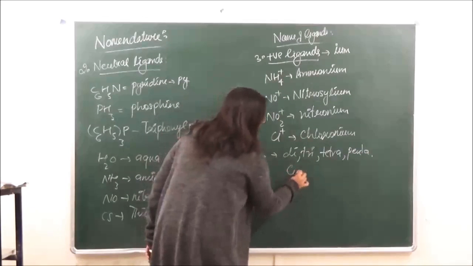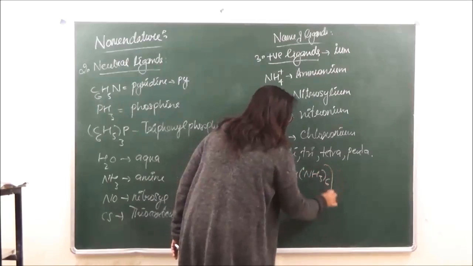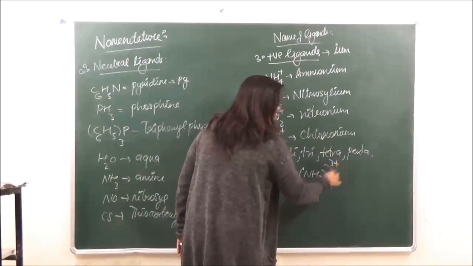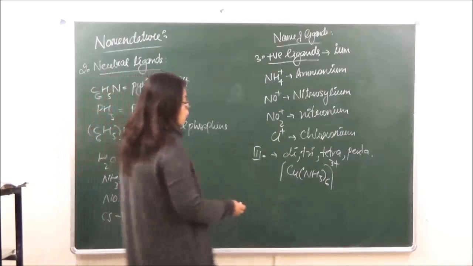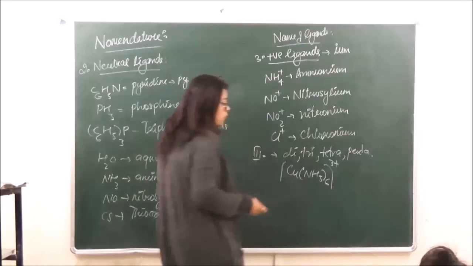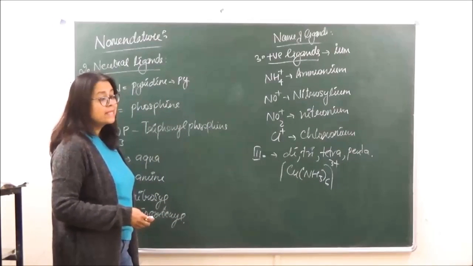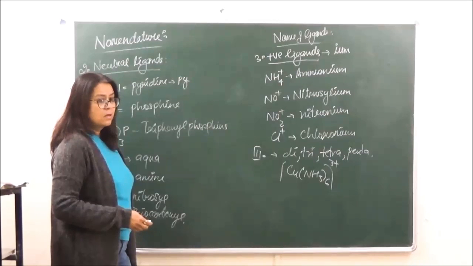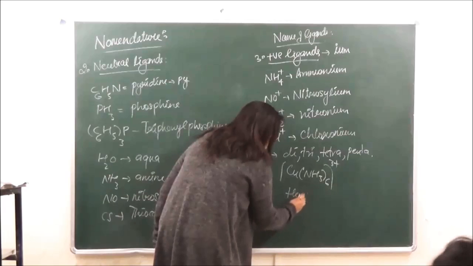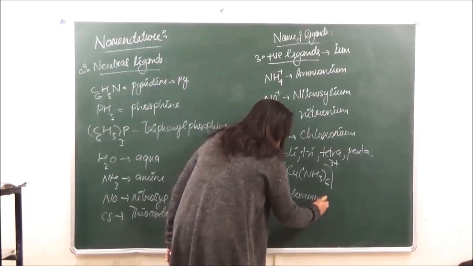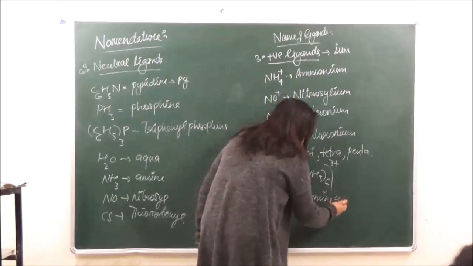Like if we are having Cu(NH3)6 3 positive. Suppose this is the cationic species which we are having. So over here you can see that ammine is going to be 6 in number. So we are going to name it as hexaammine. Okay? So when we name this, it is hexaammine.